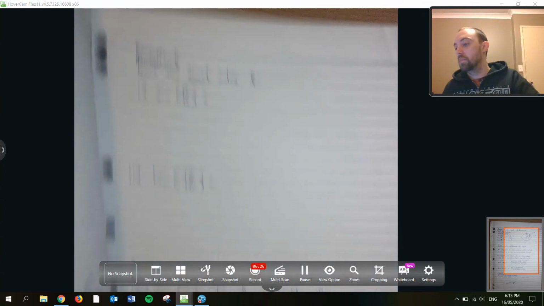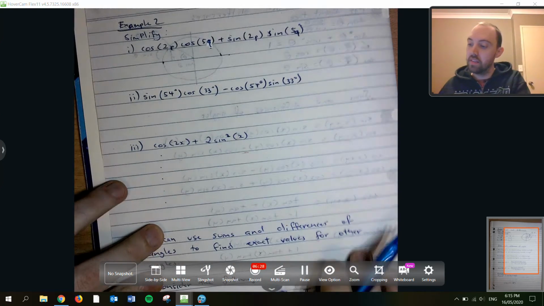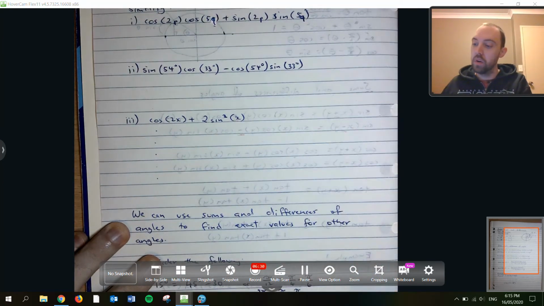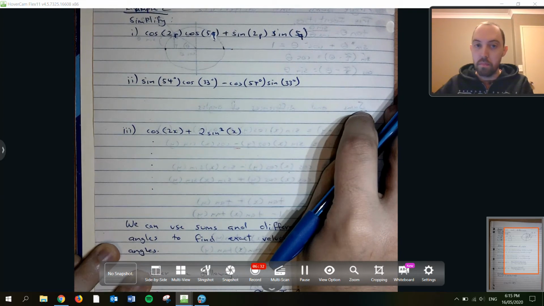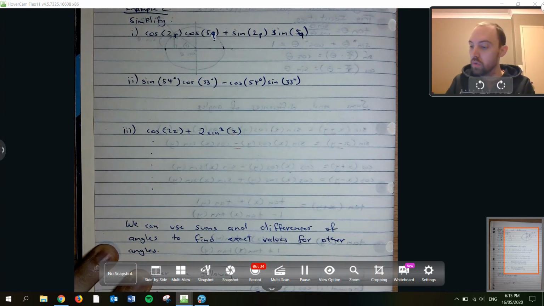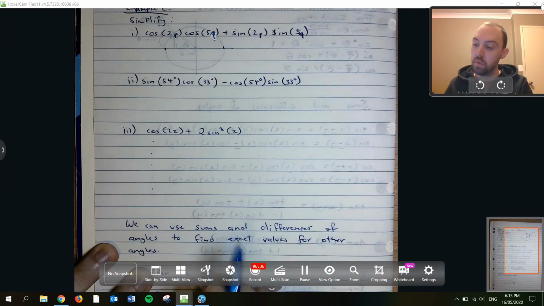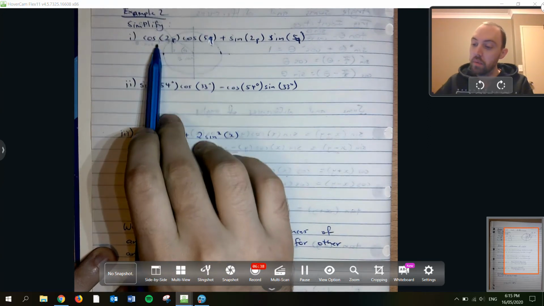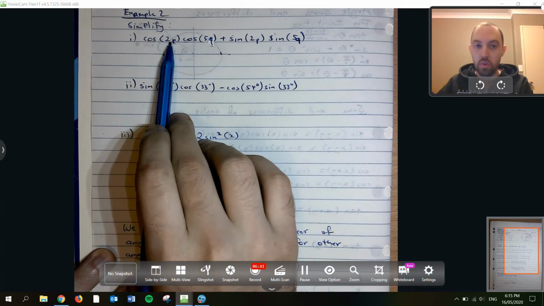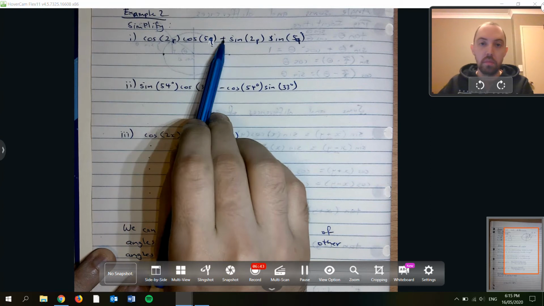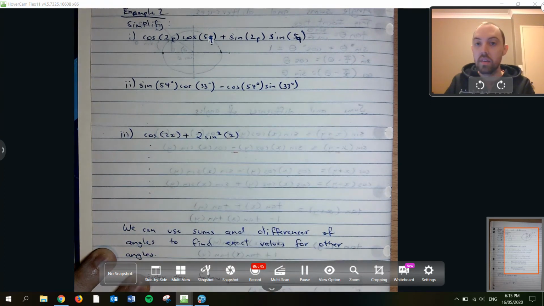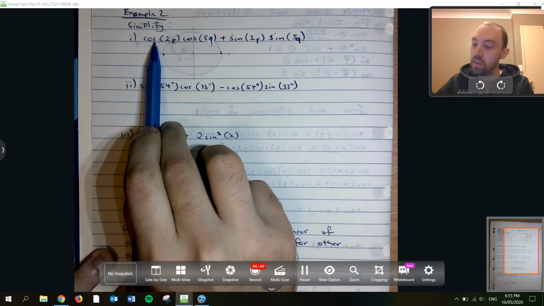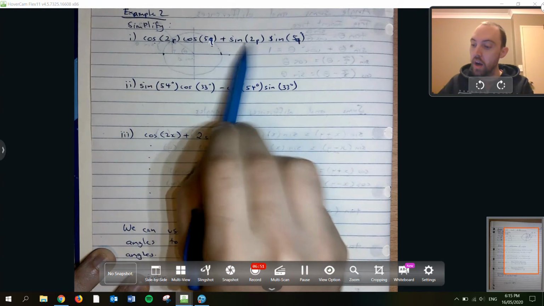Okay, let's try and go back the other way. We take something that looks like one of our equations and then we want to go backwards to the sum or angle formulas. So here we've got cos of 2p, cos of 5q plus sine of 2p times by sine of 5q. Okay, so the functions aren't changing.